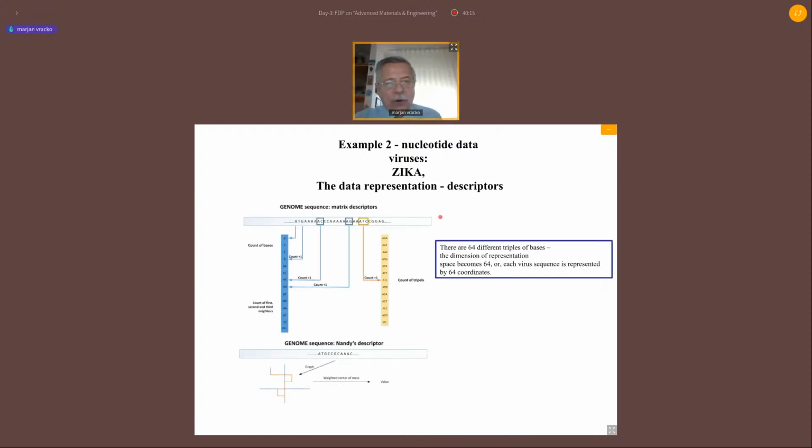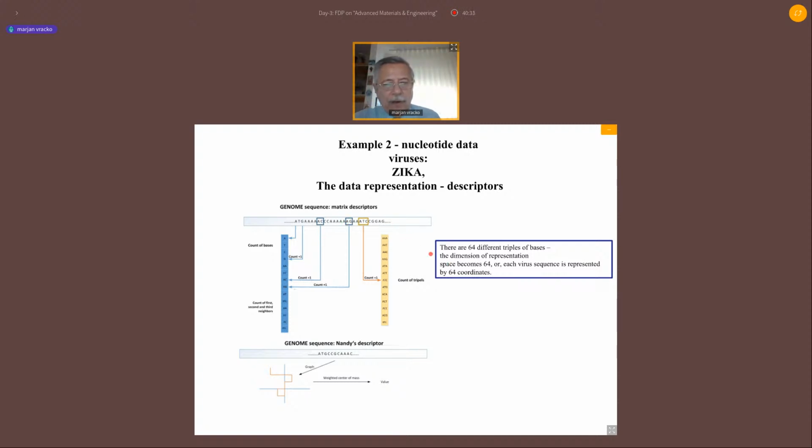For each of those, we have, of course, a total genome sequence of about 10,000 bases, and those bases we encoded in our descriptors.